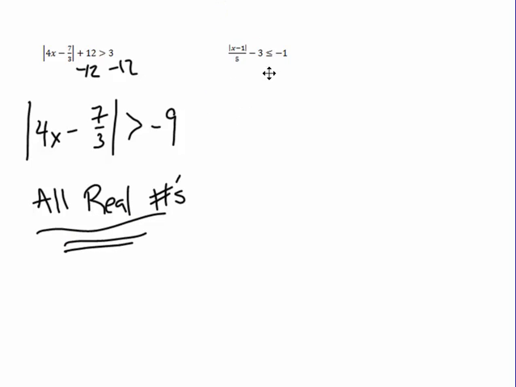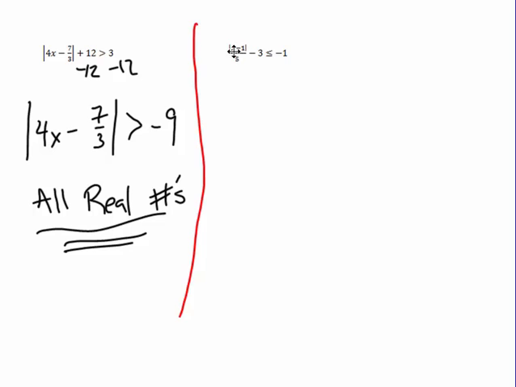Okay, let's try this last one out. The absolute value of x minus 1 divided by 5, minus 3, is less than or equal to negative 1. So we have to isolate the absolute value bars first.